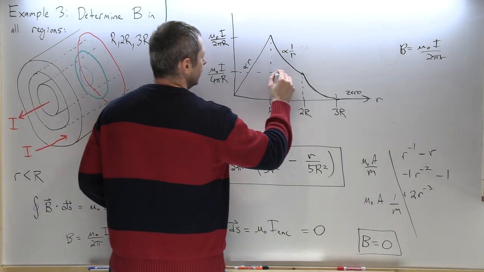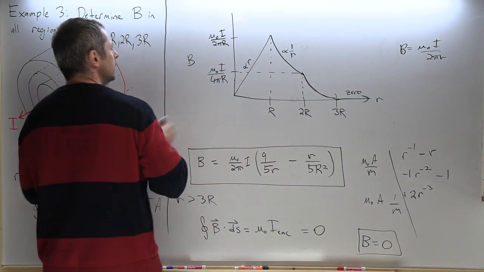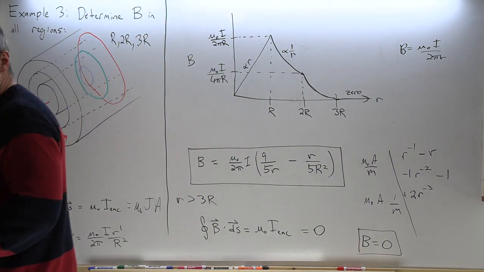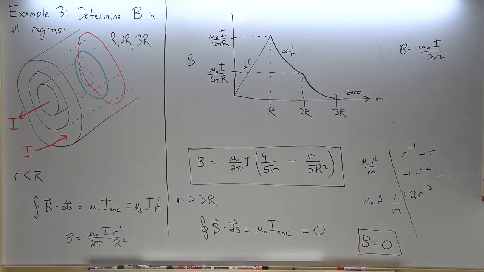There's the magnetic field at that second transition. All right, so let me create a pause to give you a chance to catch up copying that graph if you need to.